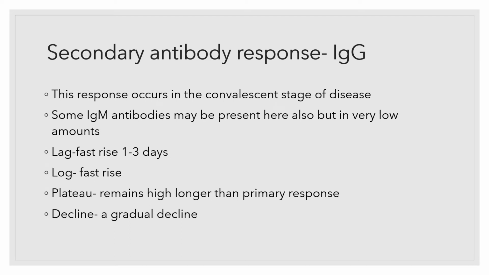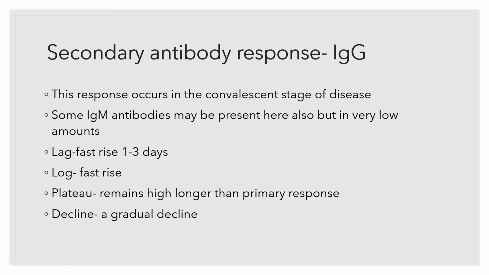During a secondary antibody response, the predominant antibody formed to secondary stimuli is IgG. The T memory cells stimulate this antibody production. This response occurs in the convalescent stage of the disease, and some IgM antibodies may be present here, but they're in very low amounts. Most of the time, you see primarily IgG.